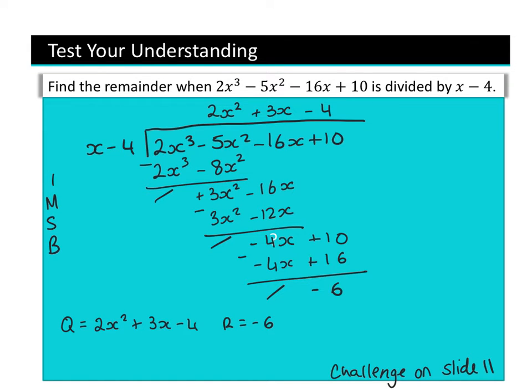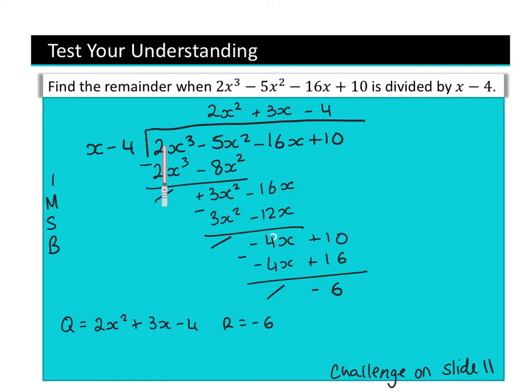So I say to myself, the first term here, it's the term with the x in, so here, x. How many x's go into 2x cubed? So I'm saying x multiplied by what gives me 2x cubed? And that is 2x squared. 2x squared times x gives me 2x cubed. So that's what I do.